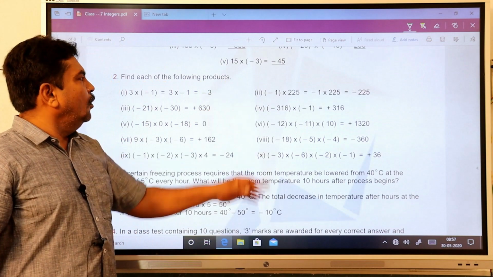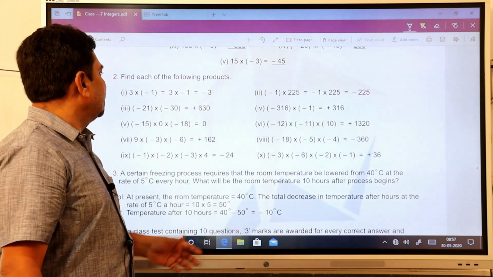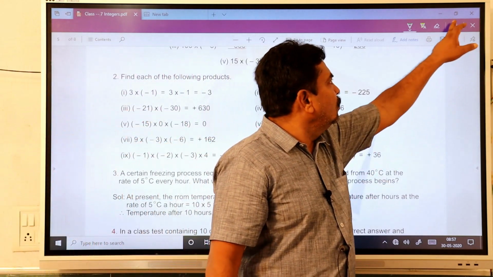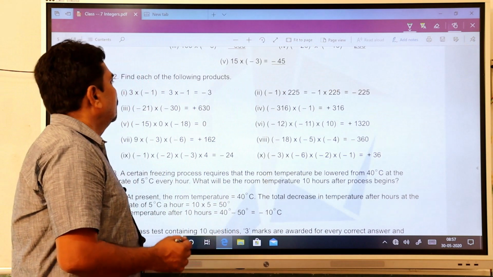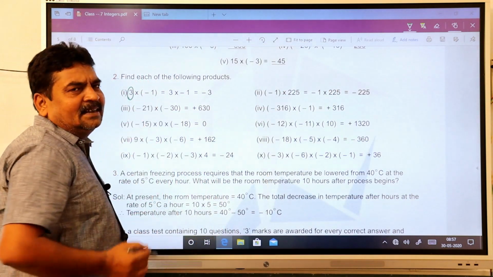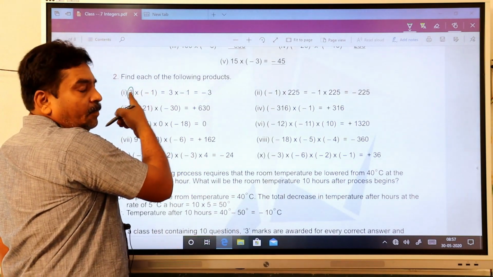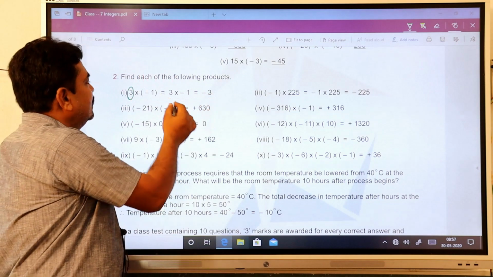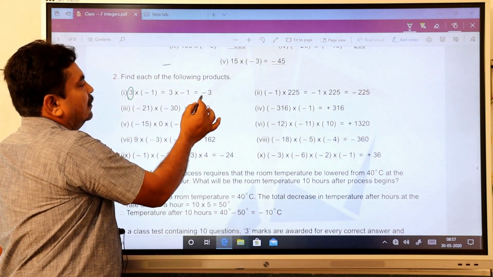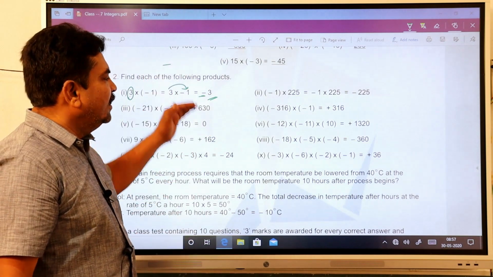Find each of the following products. Here, 3 into minus 1. It is also the same. Here, before 3 you don't have any symbol, so you should think of it as positive. So plus into minus is minus. So minus. Then 3 ones are 3. That's all. In the same way you do it.